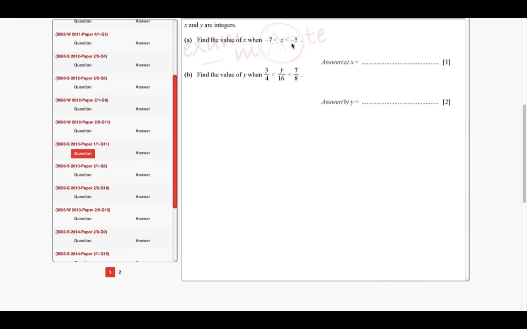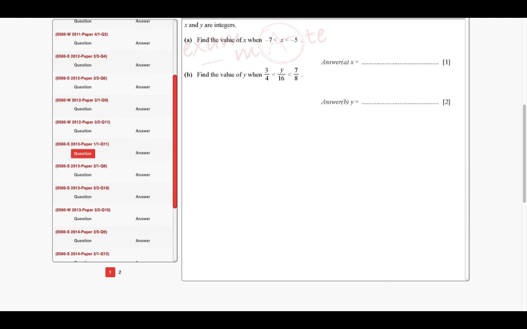The way you read this inequality, you read from x to the right before you read to the left. You say x is less than negative 5 but greater than negative 7. What number would that be? In negative numbers, negative 6 is greater than negative 7, but it's less than negative 5. So the answer to this question is x equals negative 6.